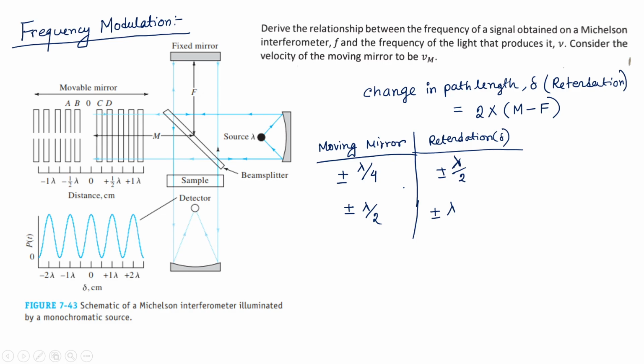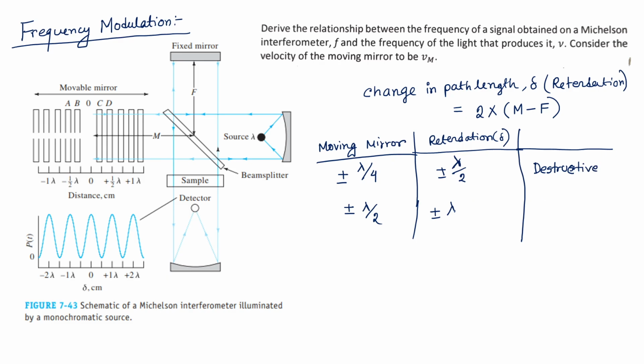So at the lambda by 2 position, the light will fall onto the sample and go to the detector, and when the retardation is lambda by 2, I am going to get destructive interference.